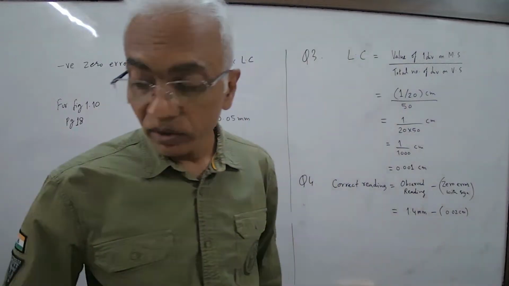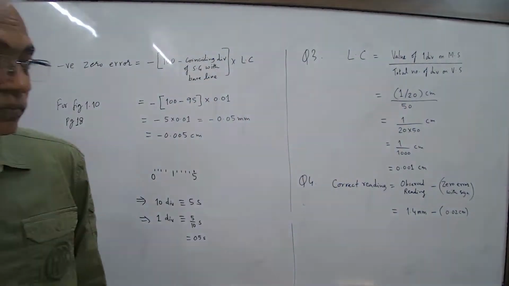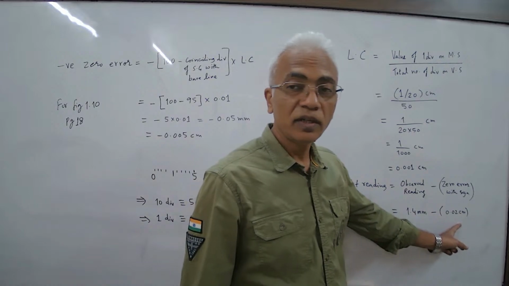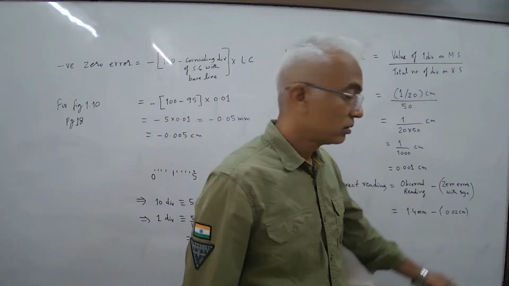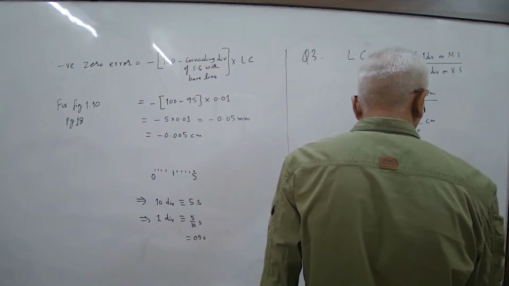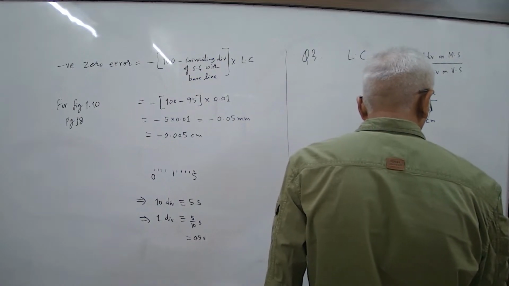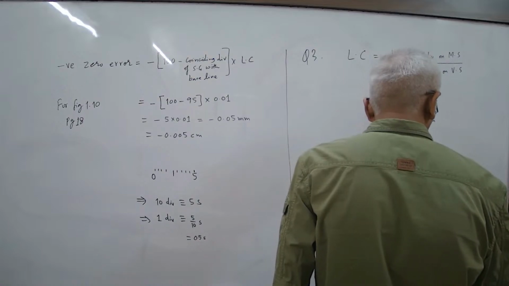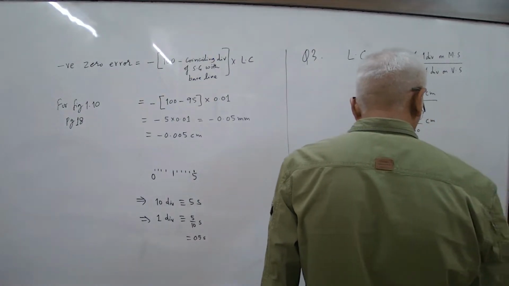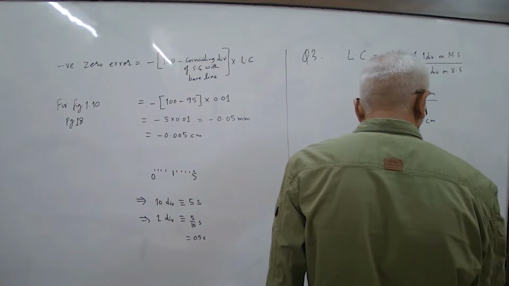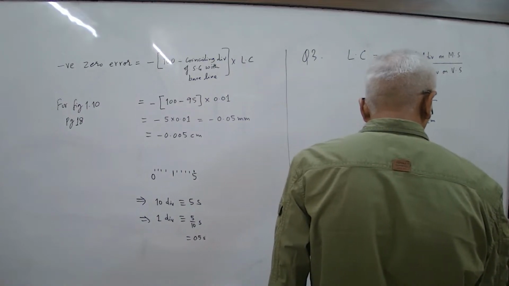The units are separate. You have to make the units the same. So 1 centimeter is 10 millimeter. So this is equal to 1.44 millimeter minus 0.02 into 10 millimeter. So this becomes 1.44 millimeter minus 0.2.